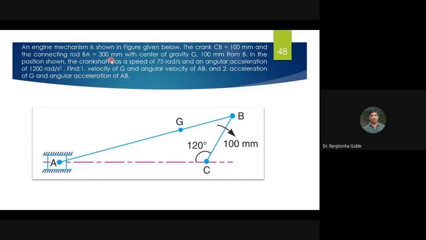So this is related to the velocity diagram. First bit is related to velocity diagram. And number 2: acceleration of G and angular acceleration of AB.